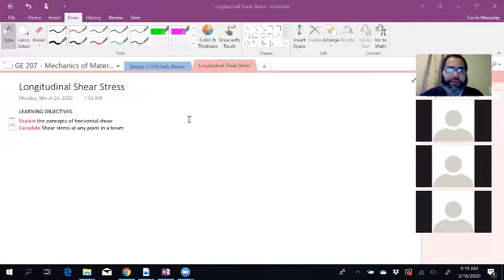All right, so longitudinal shear stress. Our learning objective for today is really just that first one: to be able to explain the concepts of horizontal shear. I know we've talked about shear. You've all drawn shear diagrams. You've all looked at a cross-section of a beam, or of a member, where we looked at normal stresses and also shear stresses along that cross-section, right?